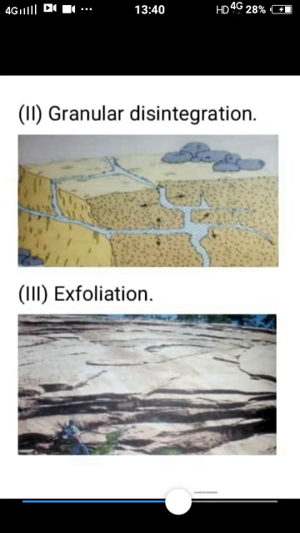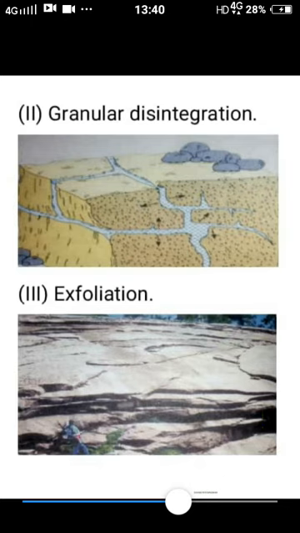Our third point of mechanical weathering is exfoliation. Here the rock masses are generally poor conductors of heat. The outer layers expand more than the inner layers. It means the upper surface of the rock layers is generally more expanded than the inner layers, layer by layer. This can completely loosen the outer rock layers.